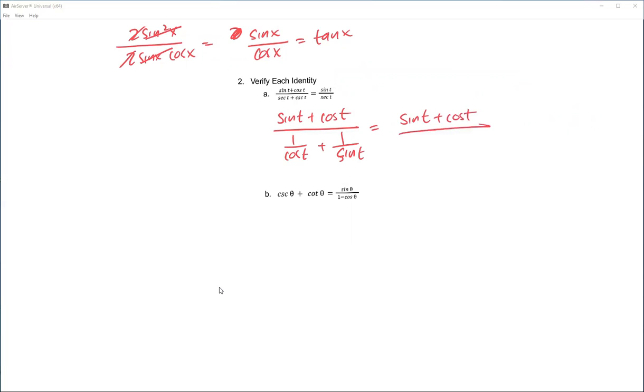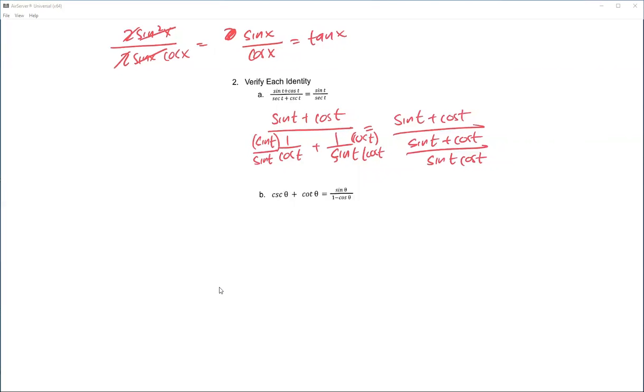You get the common denominator, so this needs a sine t, this needs a cosine t. So it will be sine t plus cosine t all over sine t cosine t.